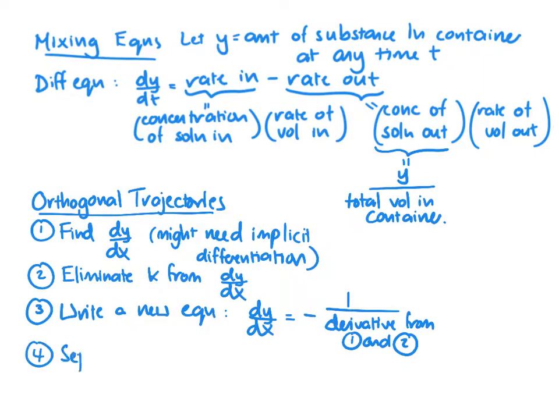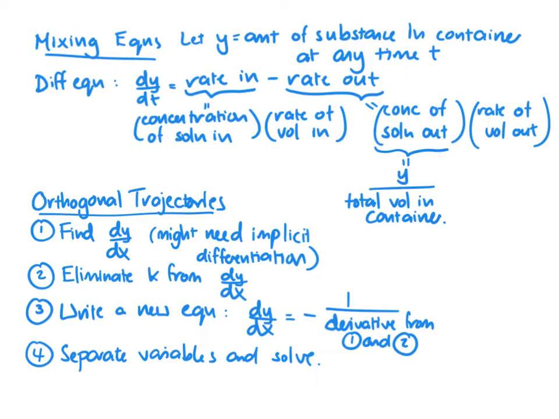So now in our new equation, we separate our variables and solve from there. Orthogonal trajectories are very much related to electricity and magnetism. That's where you might want to find curves that are orthogonal to one another.